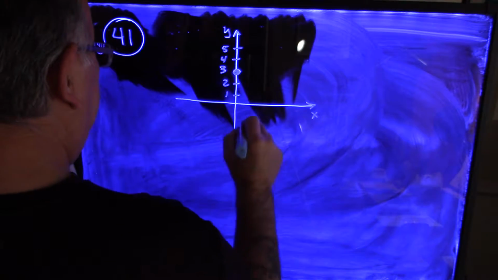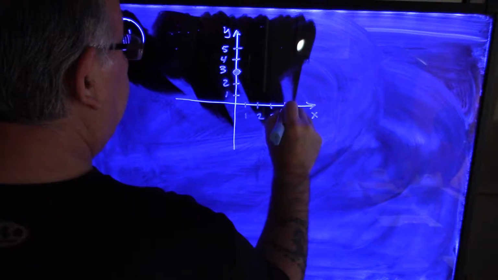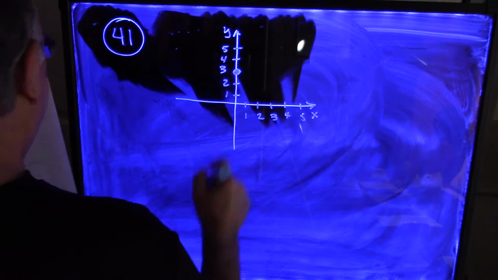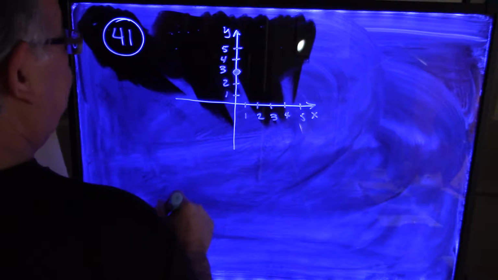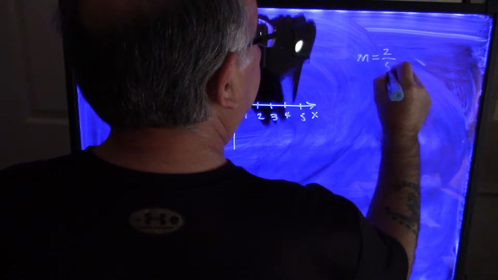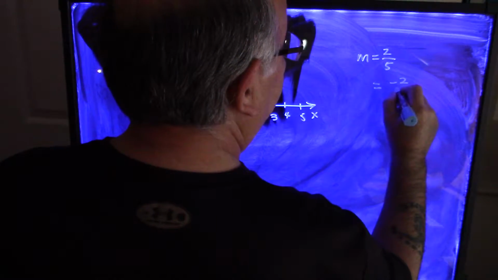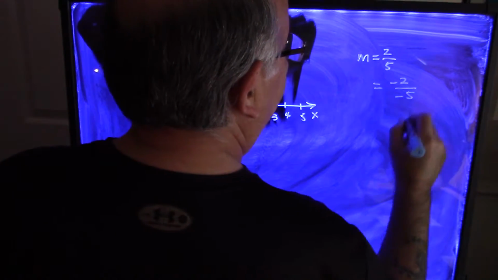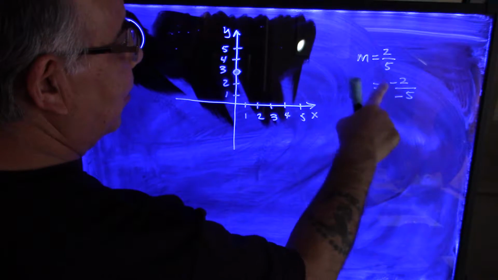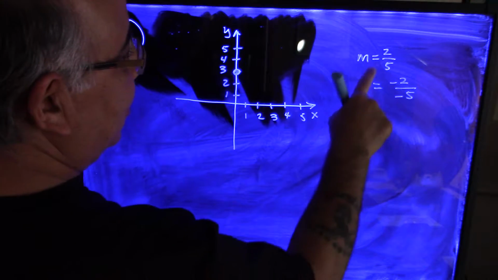So we have the y-intercept, and the slope is 2/5. You could also write that as negative 2 over negative 5. Why? Well, negative divided by negative is positive, so they are equal. But why would you do that? Well, I'll show you in a sec. Alright, so the slope is 2/5.